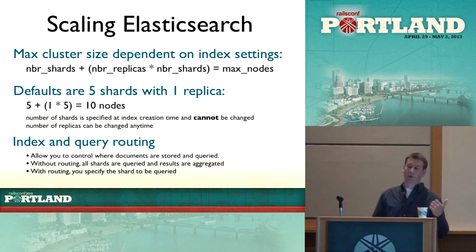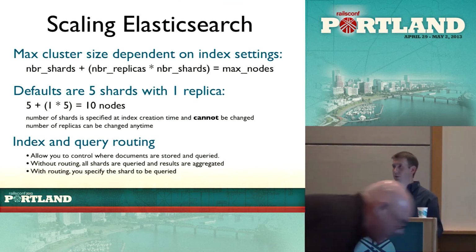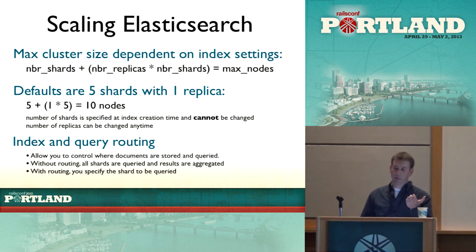It's simply the number of primary shards that you define, plus the number of replicas times the number of shards you have. So for the default index, when you create that with Elasticsearch, it defaults to 5 shards and 1 replica, which means you can have up to 10 nodes that will be utilized. So you can add more nodes, but it's not going to do anything with those nodes. There's not going to be any shards on them.